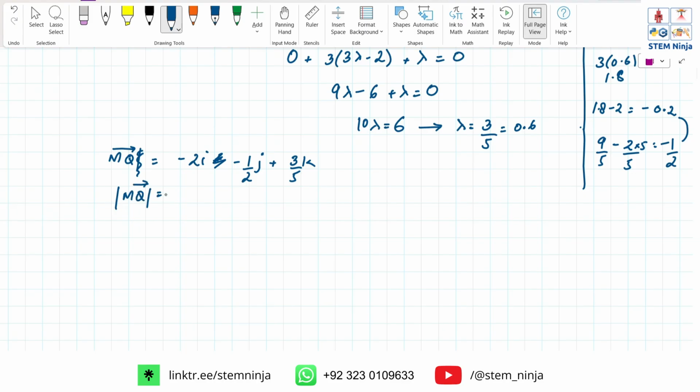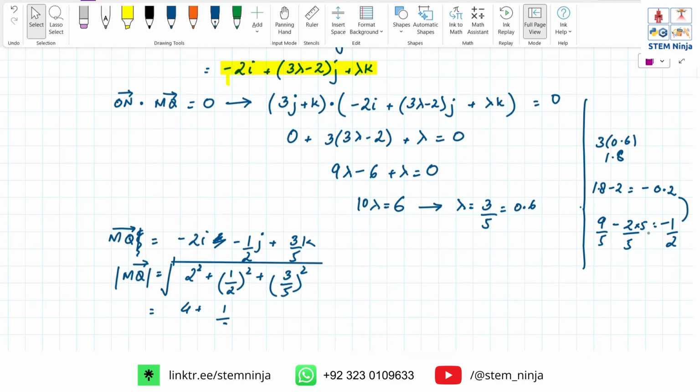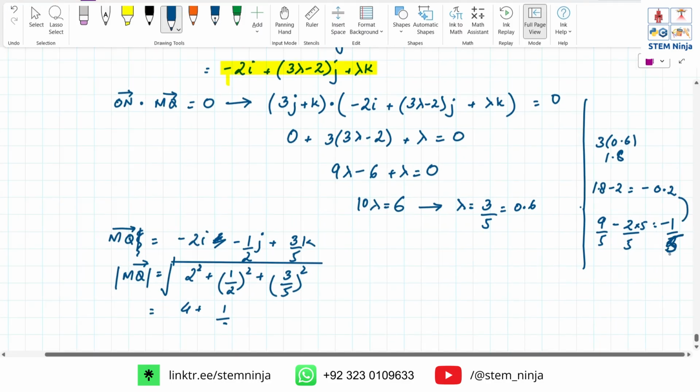Now we need the length of MQ, and this would be the square root of 2 squared plus 1 over 5 whole squared, plus 3 by 5 squared. Sorry, wait, this was 1 over 5, my bad.